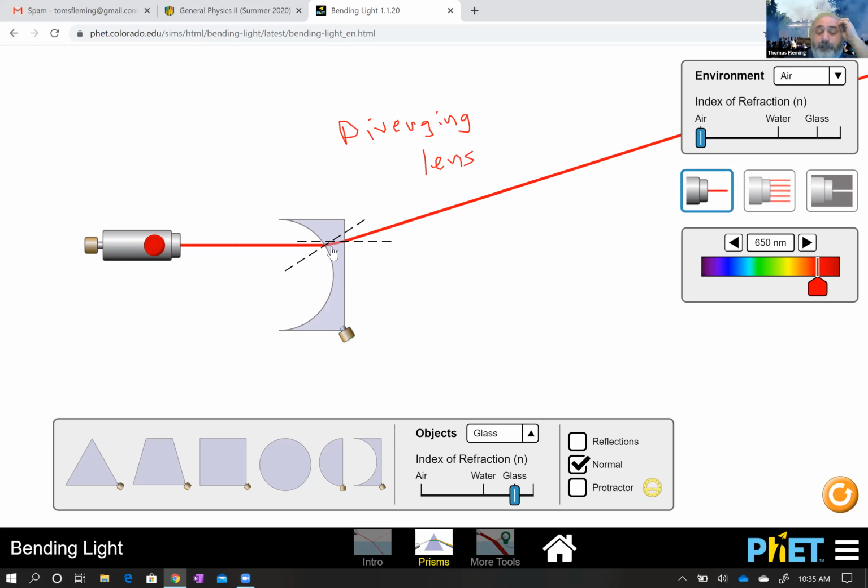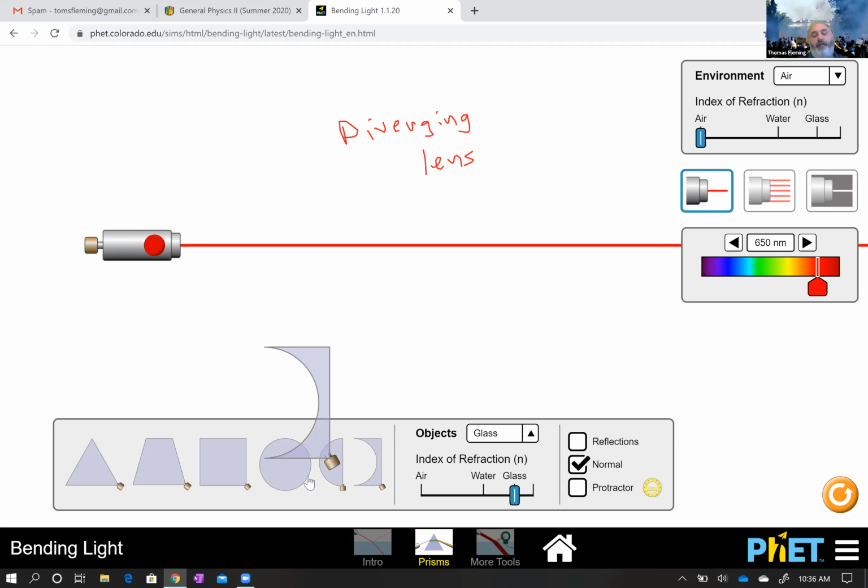So that's pretty easy. When it comes to lenses, it turns out that the behavior of a lens is going to depend on a couple of things. It's going to depend on the index of refraction of the material that the lens is made out of.